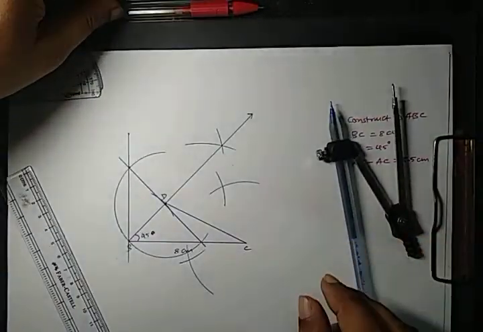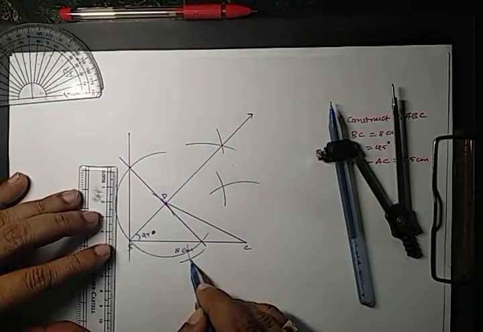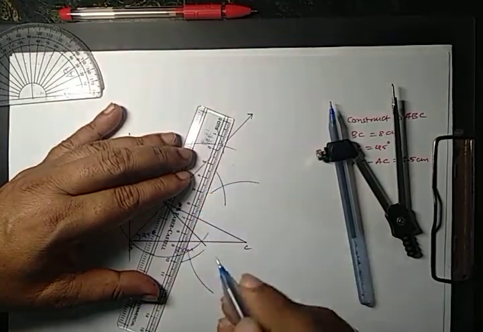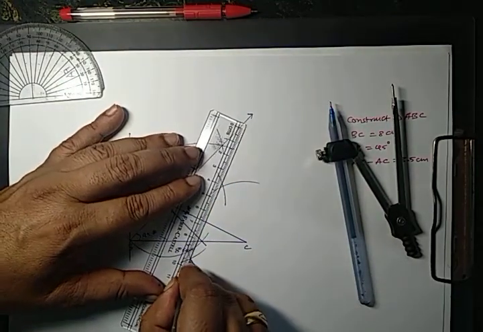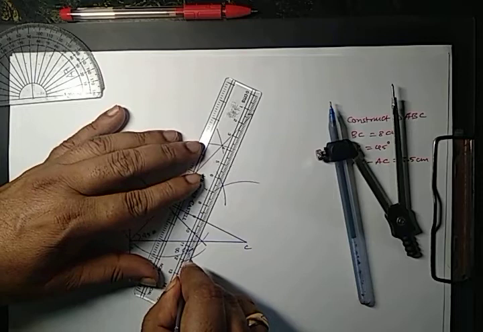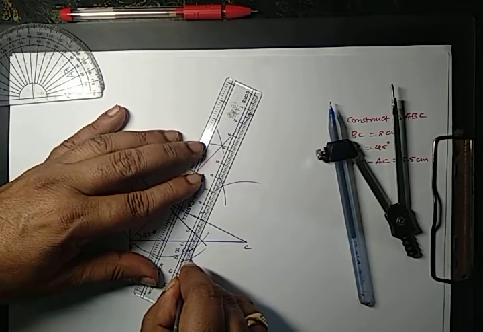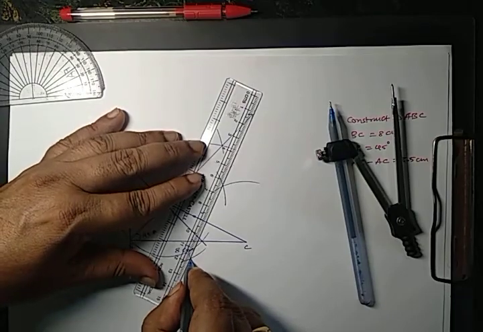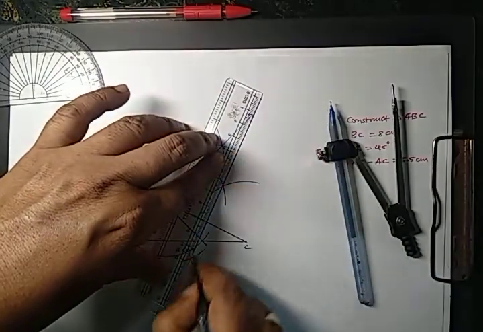This is done. Next, I keep a point here and a point here, and just join both. Be perfect and take it up to there.